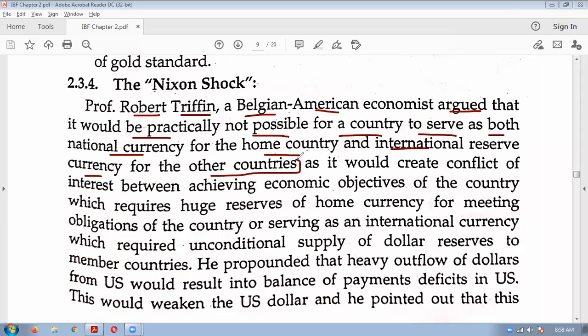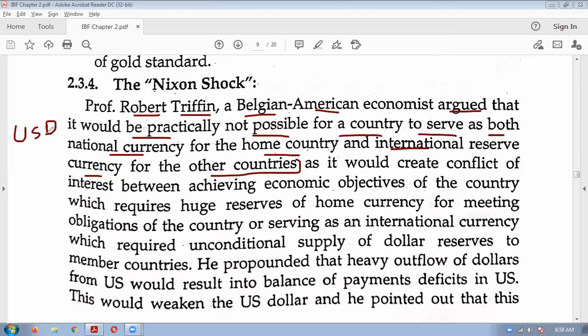So, Professor Robert Triffin, he was an economist. He argued that a country's currency cannot become the national currency for the home country and also the international reserve for other countries. So take an example of US dollar.